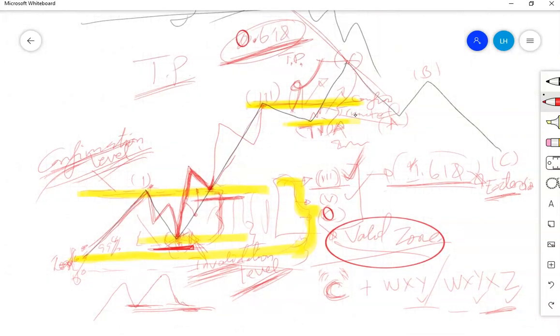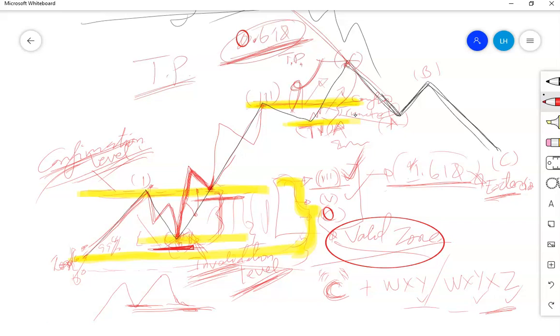Now we have this as an A, B, then C to the downside. After you have recognized that the impulsive move has completed, now we expect a correction.